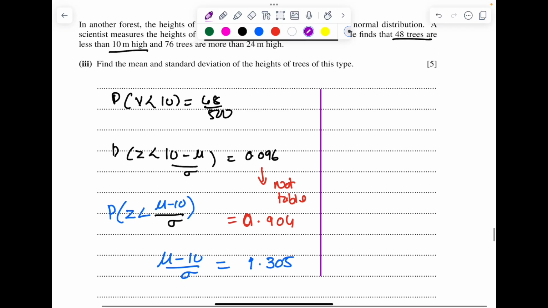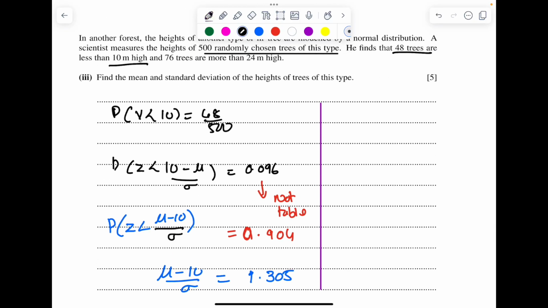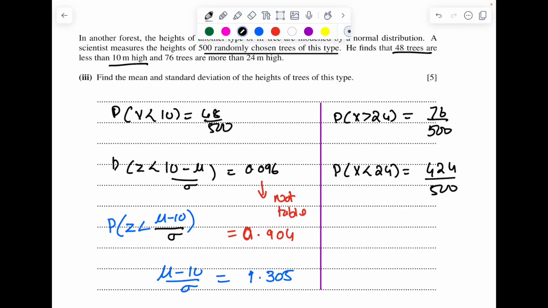Next one, 76 trees are more than 24. X greater than 24 equals 76 upon 500. So probability of x less than 24 will be 424 upon 500. Remaining, out of 500, 424 are less than 24.